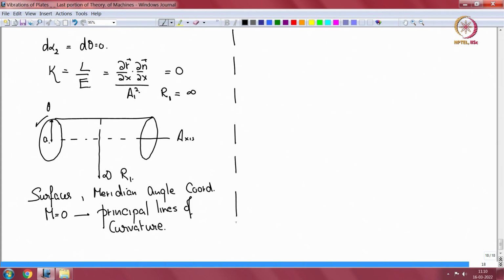So that's all we need. So we are going to deal with surfaces of revolution. If we are going to deal with curved surfaces, these are surfaces of revolution, and we will take the meridian and the angle as our coordinates, and those are the principal lines of curvature. Okay, that's all we need for now.